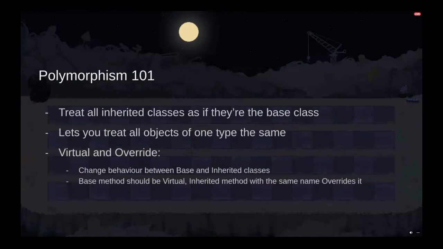One of the other things that inheritance lets you do is polymorphism. This lets you treat any inherited class, so any of those classes that have inherited that function, as if they are the base class, and it lets you treat them all as if they're the same class.